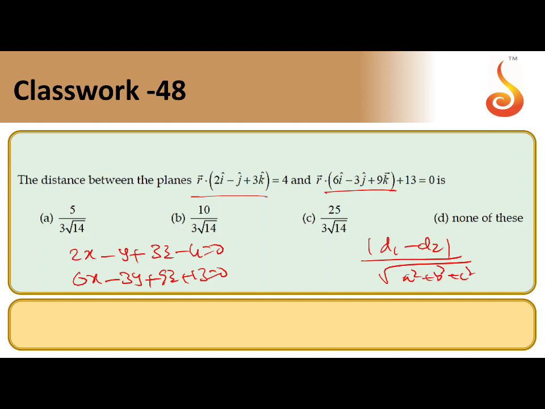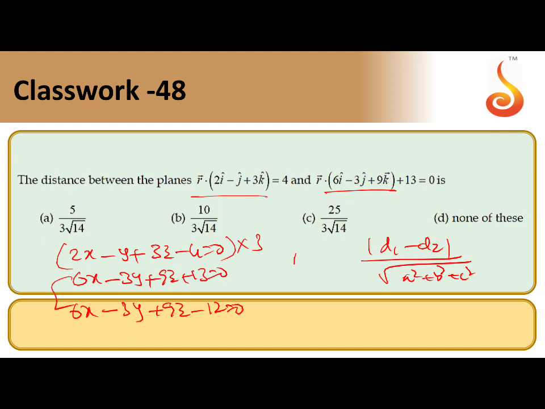So when you use this formula, make sure that they have equal multiples. So first one multiplied by 3, then what comes? 6x minus 3y plus 9z minus 12 equal to 0. So now these two are final. Now d1 minus d2.